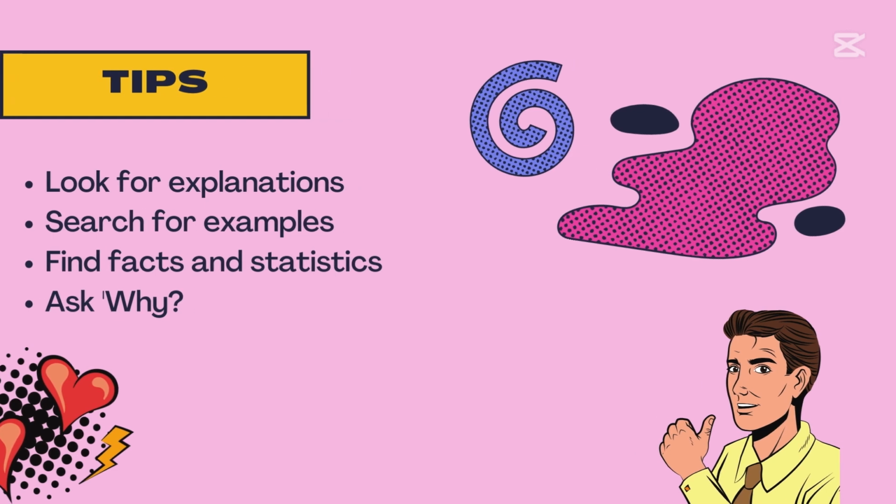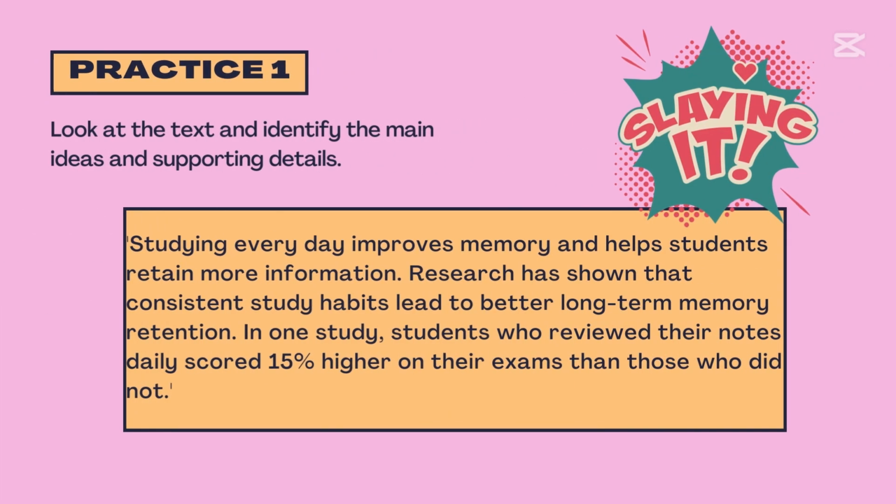Okay, now time to practice. This is practice 1. Because we already talked and learned about what supporting details are, how to identify supporting details, and what the different types of supporting details are. I also gave you examples already. We also already discussed it together.